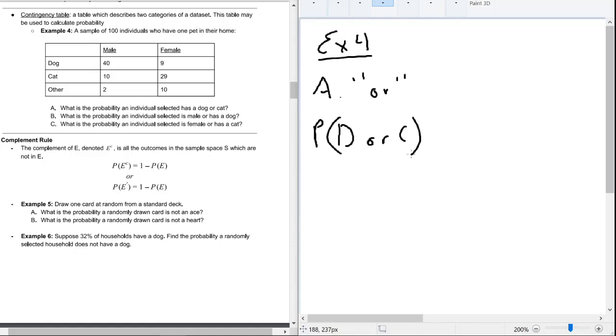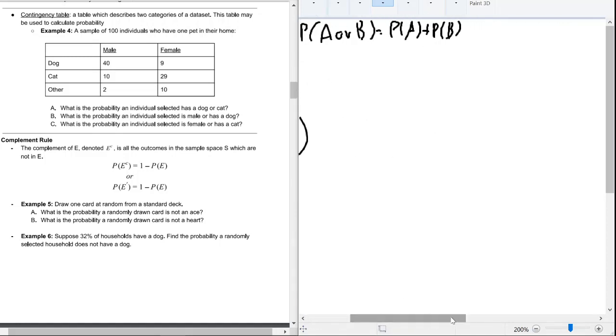And if you remember, the word or has two formulas. One is the formula for disjoint. So for the disjoint, you have probability of A or B is equal to just the individual probabilities added together. This is for disjoint.